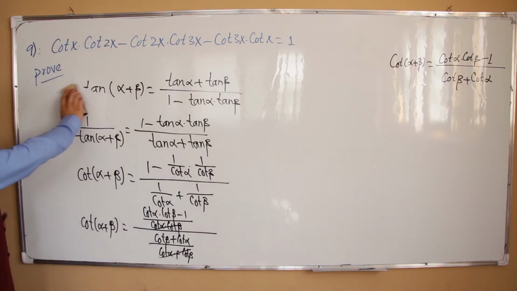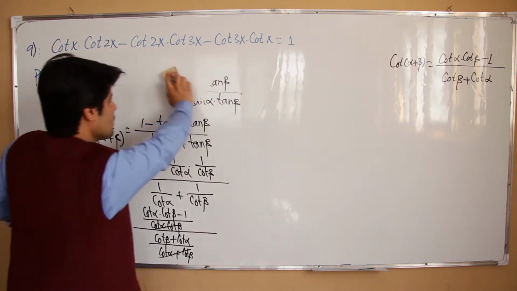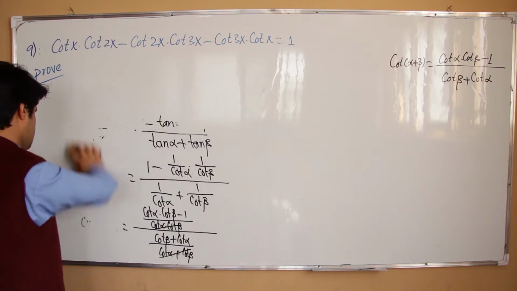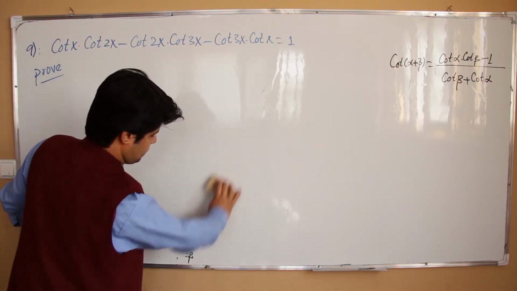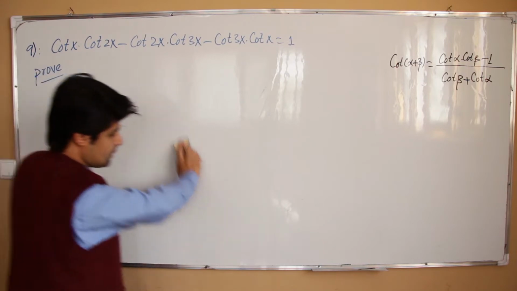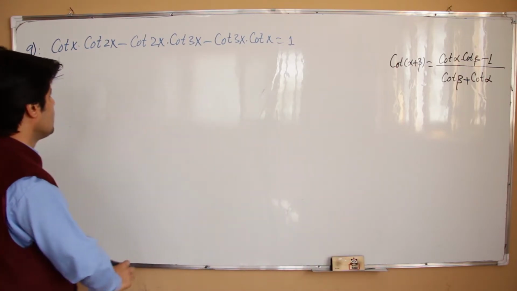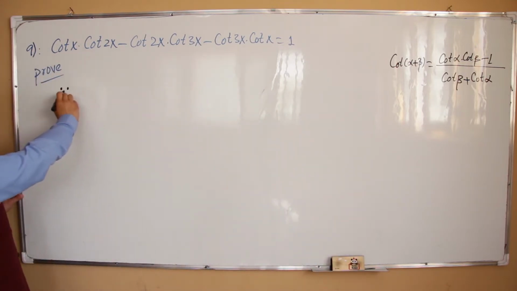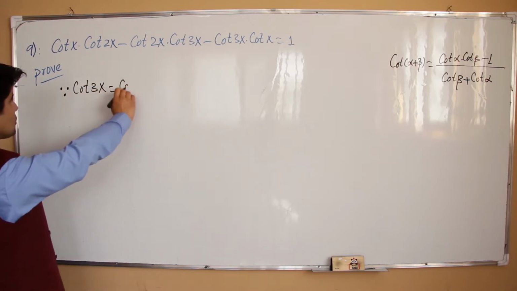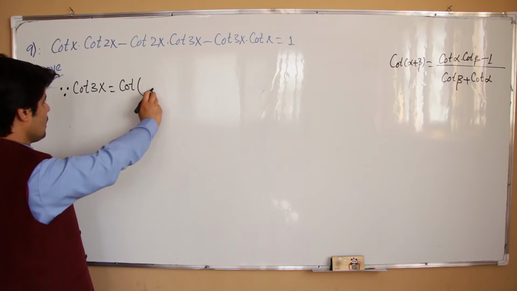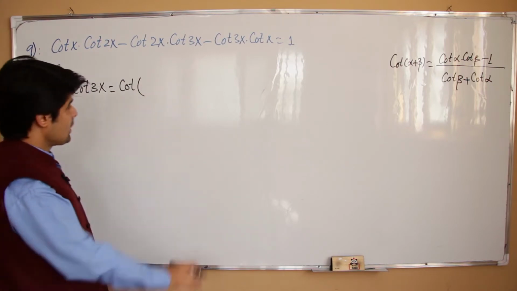Now I want to erase this side of the board. So now listen. Here, if this one would be cotangent of 3x, which is cotangent of 2x plus x.